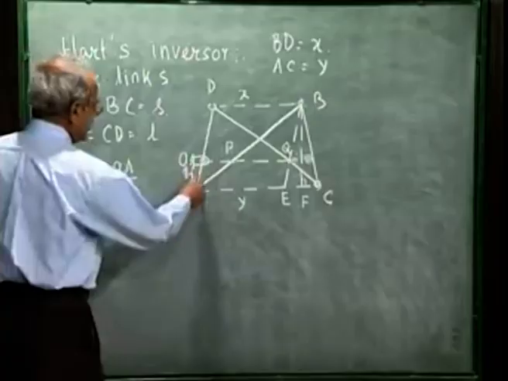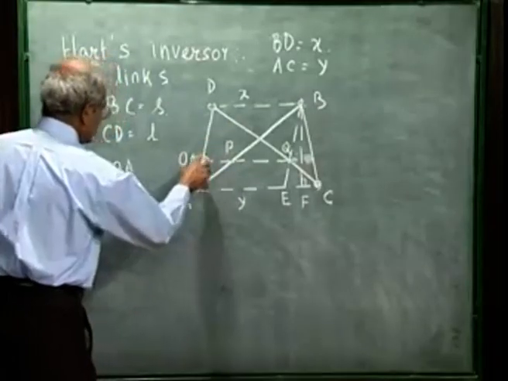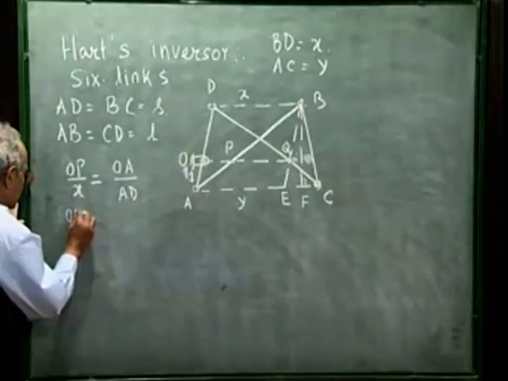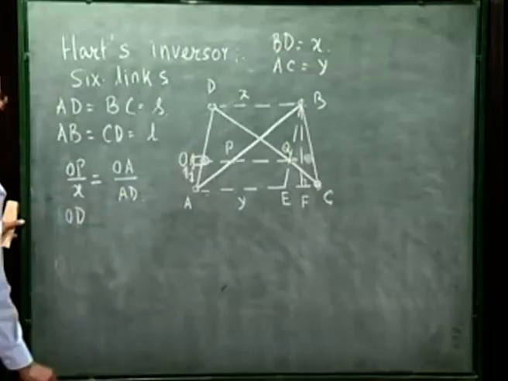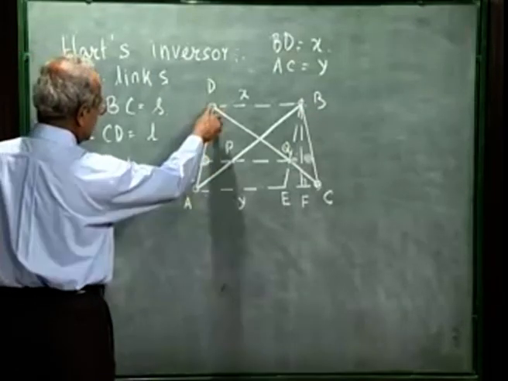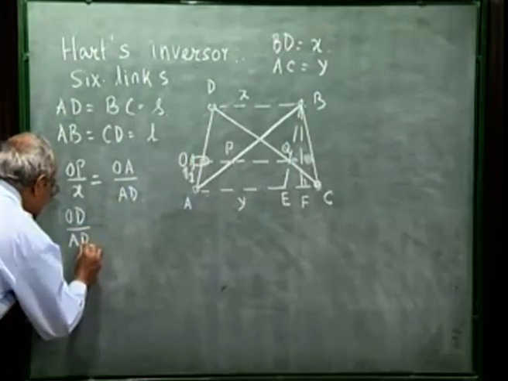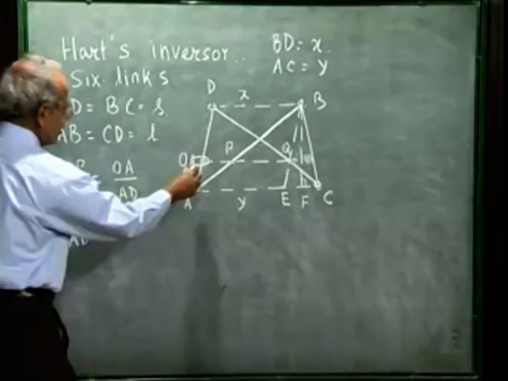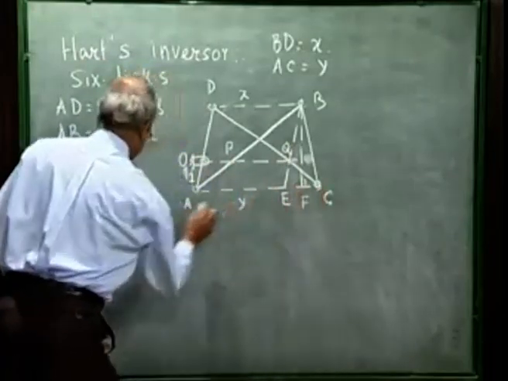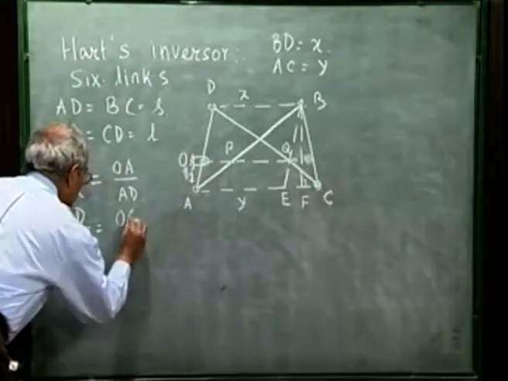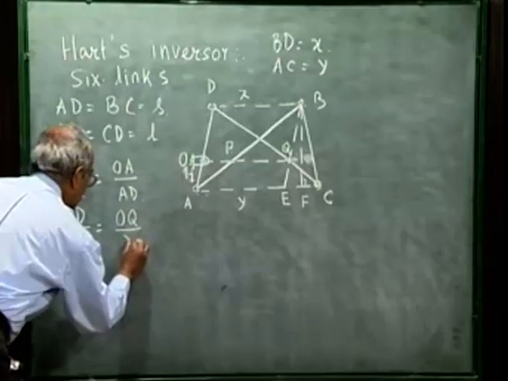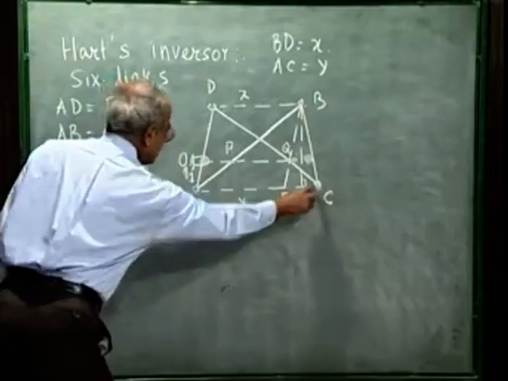So, what I can write, OD divided by DA, AD, is the same as OQ by Y. OQ by AC, which I called Y.